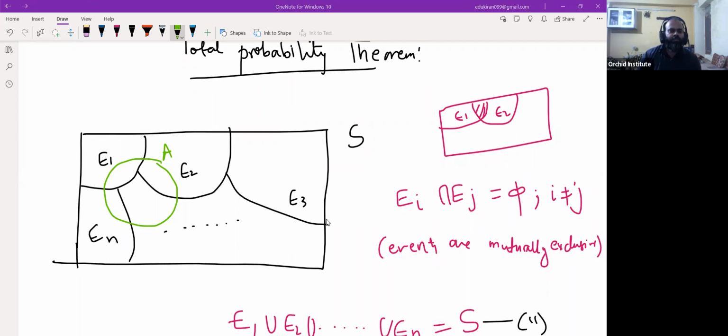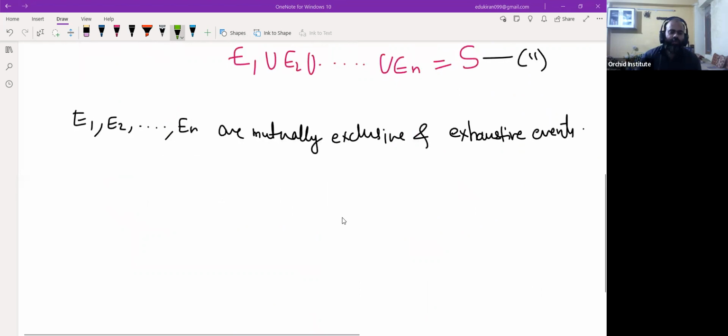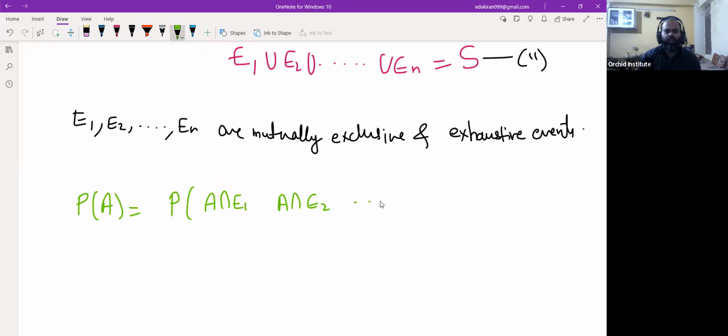So if you take an event A and you want to find the probability of A, you can see that event A can have intersection with E1 or with E2, so on, with En, and you take the union of all of these. From the diagram also I will explain it to you. Union of all this, that is the probability of A.